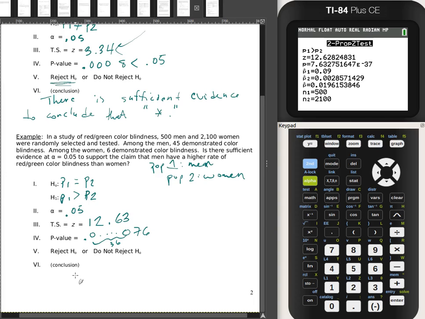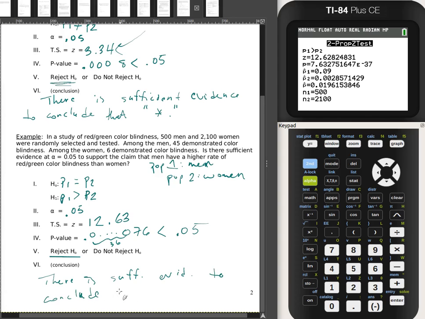Of course, by doing these kinds of experiments, we don't necessarily prove anything, but I think that by some means it must be possible to prove that it's more likely for men to be colorblind than women. We would, for sure, based on this p-value, which is much less than the level of significance, say very confidently that there is sufficient evidence to conclude that, and what are we wanting to conclude?